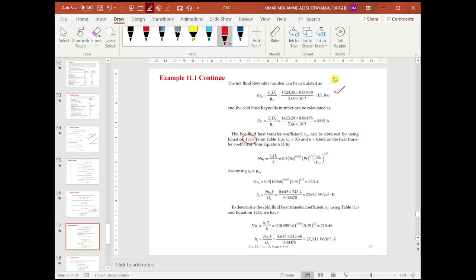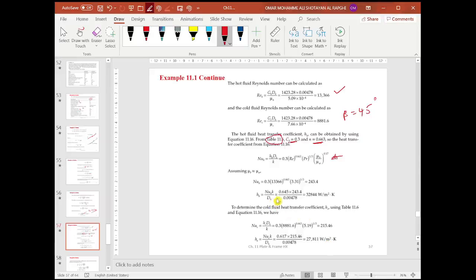I'm sorry, you go to table 11.6, and according to the beta, which is 45, and we have Reynolds number in this range, you can go to the table 11.6. You get CH, this value, and N, this value. So directly you can use the expression for Nusselt number in order to find the heat transfer coefficient for the hot fluid and the heat transfer coefficient for the cold fluid.